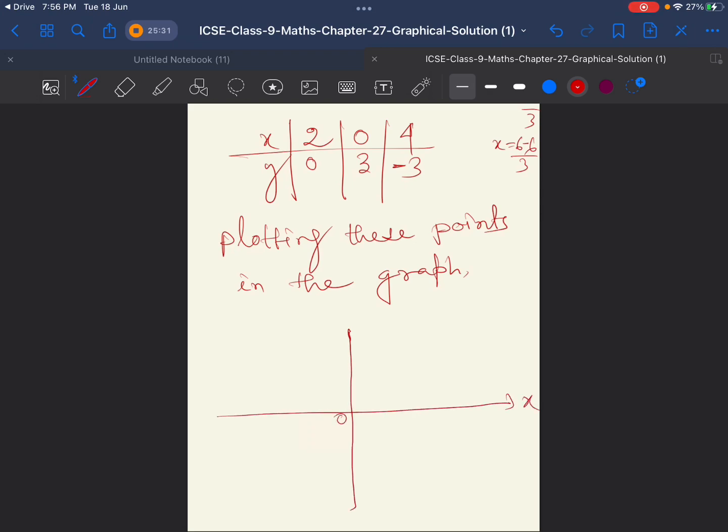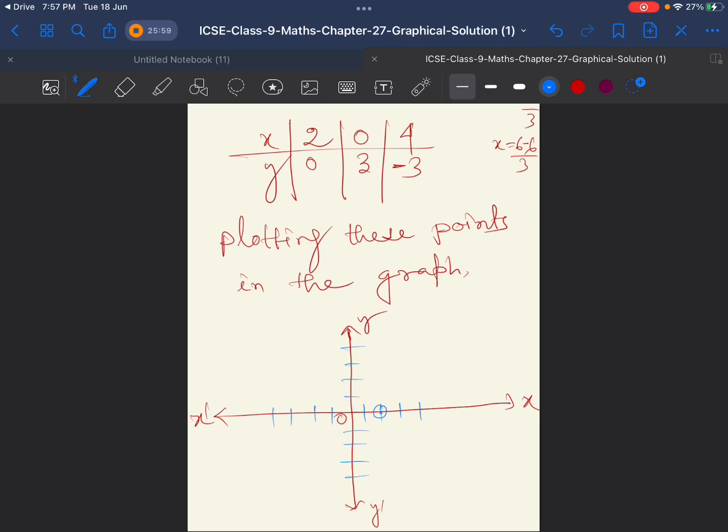So the required graph is here. This is XOX', YOY'. Okay, so (2, 0) here, count 1, 2, 3, 4 on each axis.